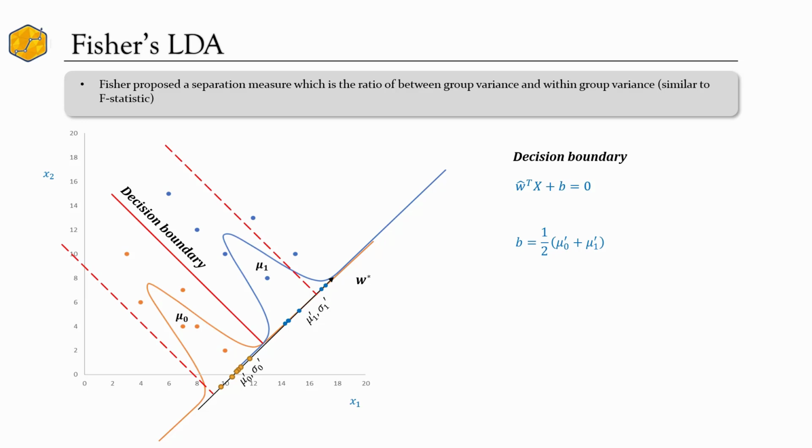B is half of the sum of the projected means, so it's exactly between them, and W gives the orientation of the decision boundary. B gives the location of the decision boundary relative to the origin, and that's it. So this is our decision boundary as per Fisher's linear discriminant analysis.